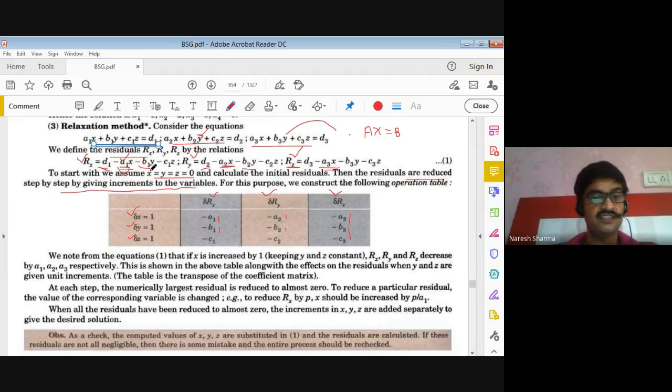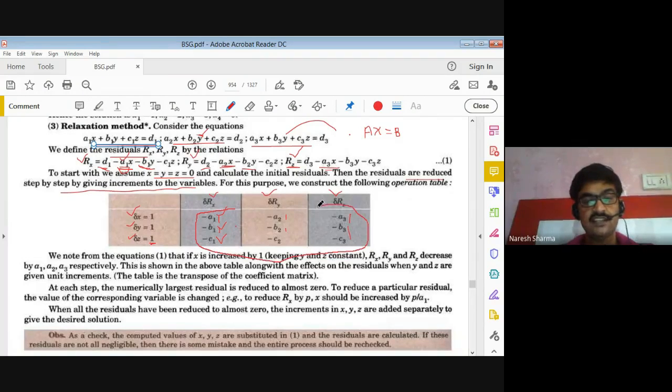So it's clearly visible: when x changes, rx is decreased by minus a1, when y changes, it is decreased by minus b1, when z changes, it is decreased by minus c1. So instead of finding this by watching these, you can directly write this table also.